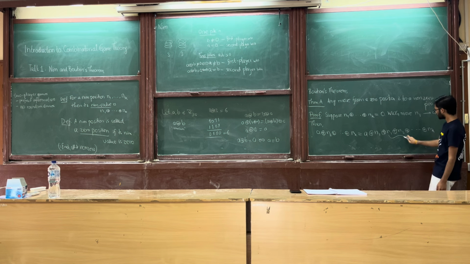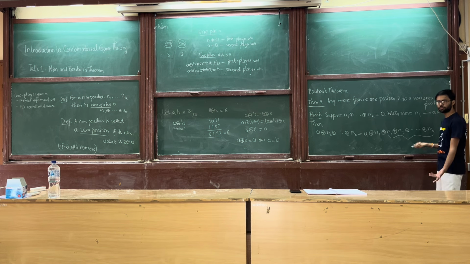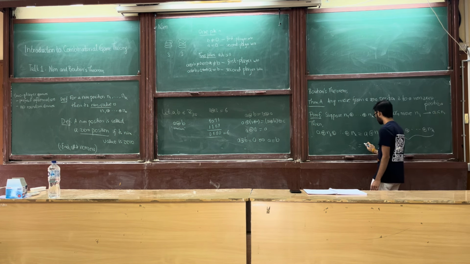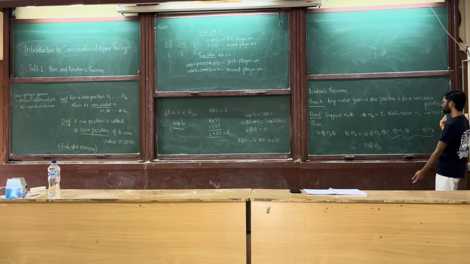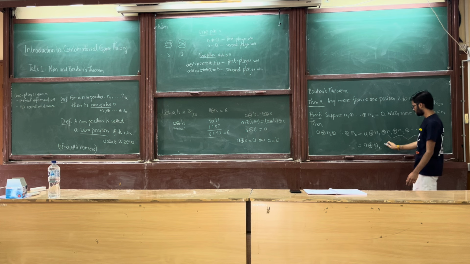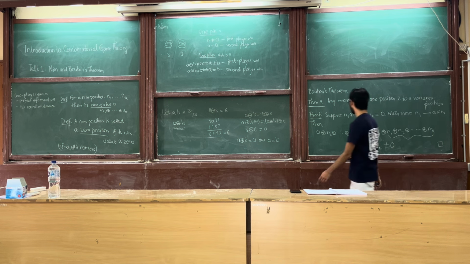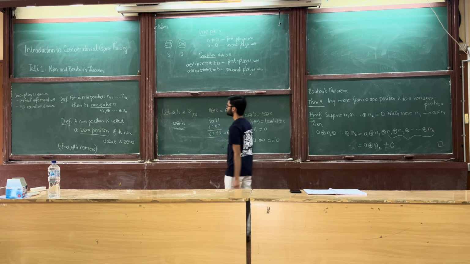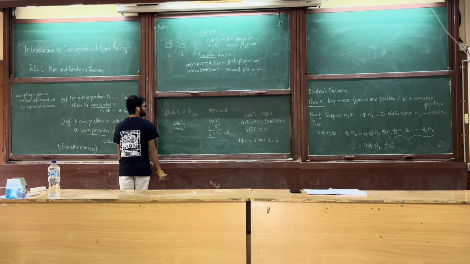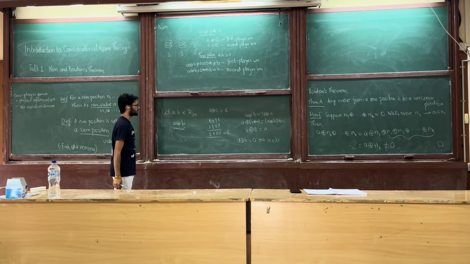Notice all of this is zero, so all I have is simply a nim-sum n1, and since a cannot be equal to n1, this cannot be zero. And this completes the proof for the first step. So essentially, what we have shown is that a move from a zero position is to a non-zero position.